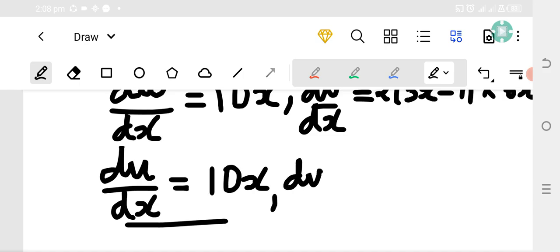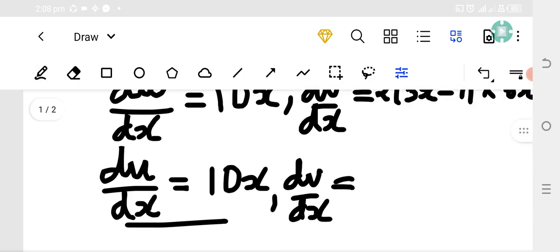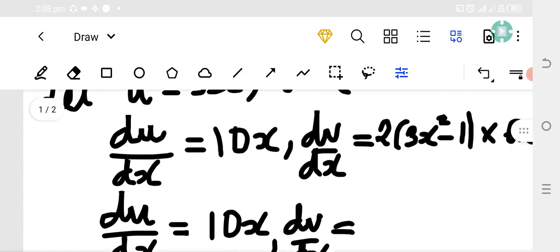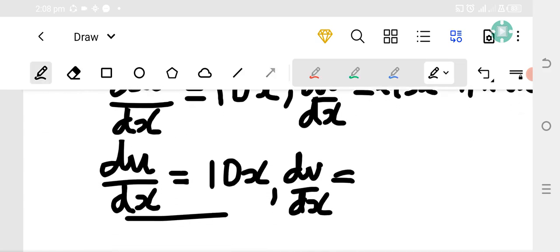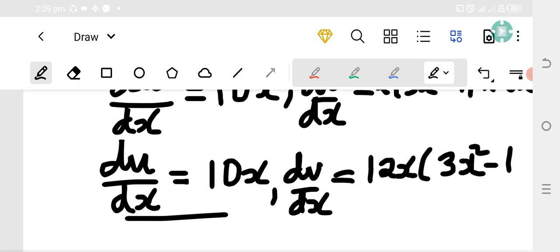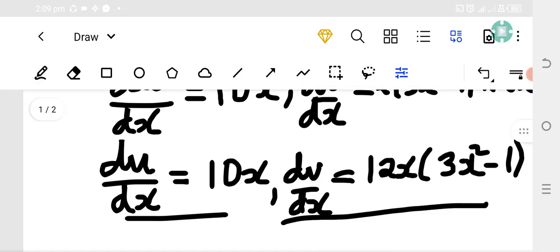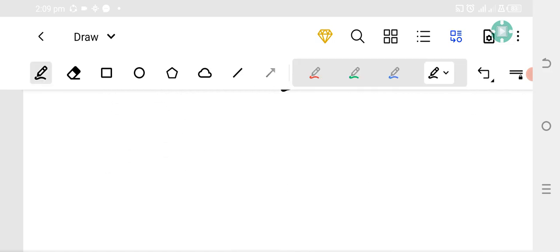Then dv/dx is equal to, let's multiply the 2 by the 6x there, it's going to become 12x multiplied by 3x squared minus 1, like that. Then we underline it.